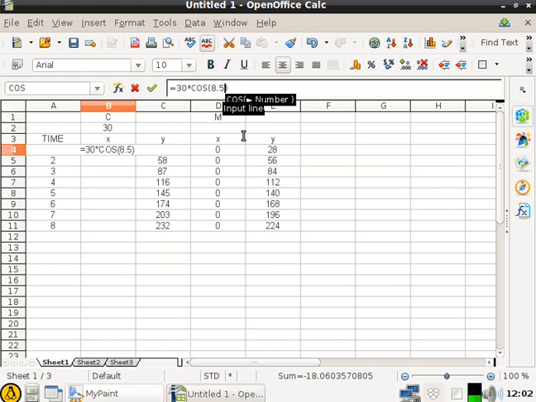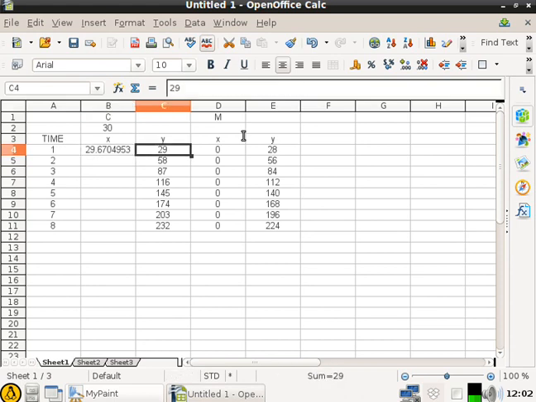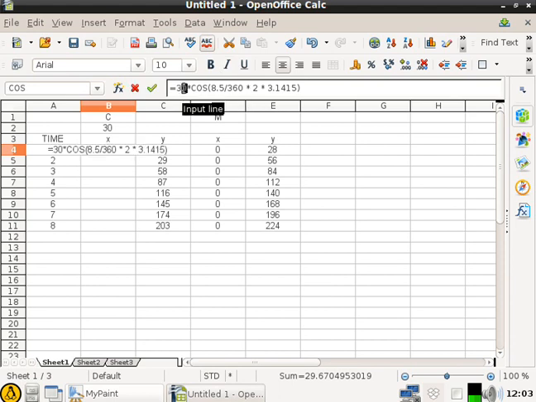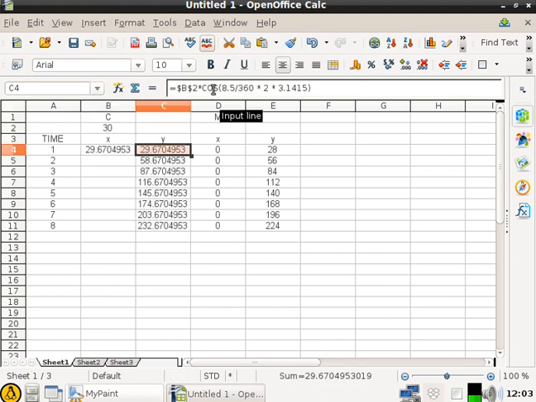Okay. And then the y was the speed, which is, in this example, 30. And then here it would be the same thing, equals 30 sine 8.5.